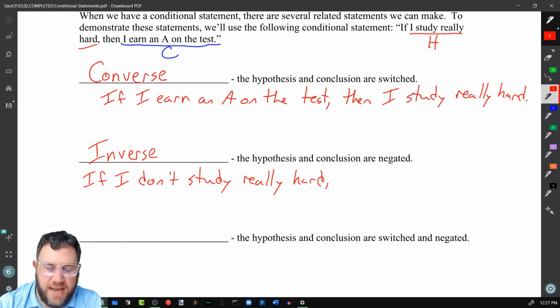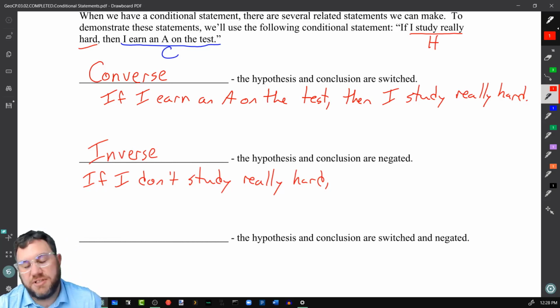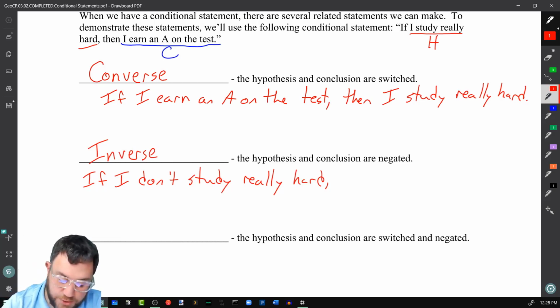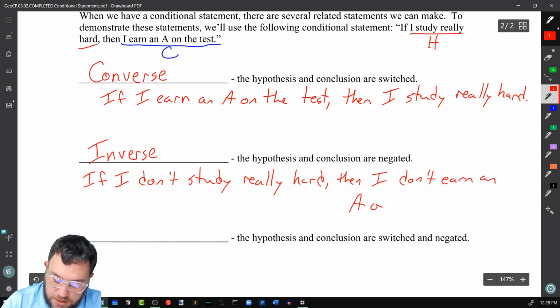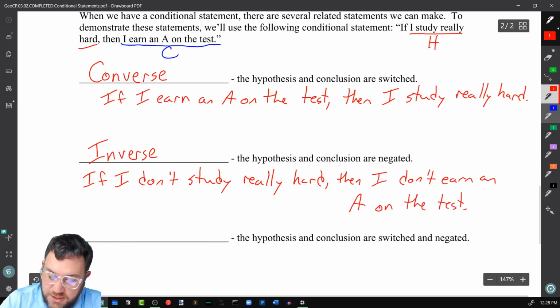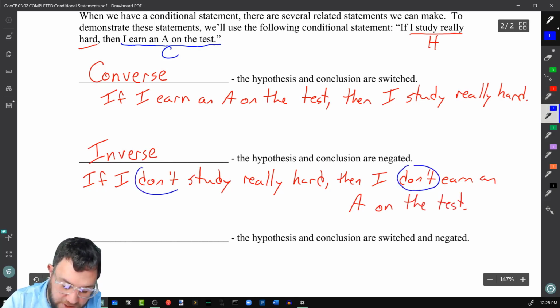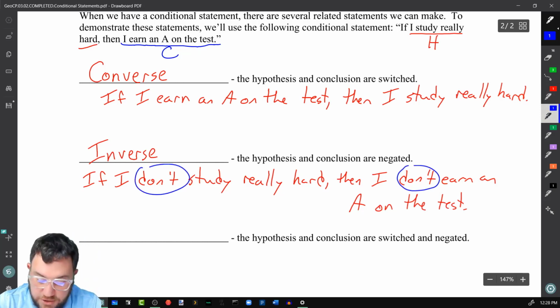We can't just add the word not. So we need to say do not, and we just usually write that as don't. So if I don't study really hard, then I don't earn an A on the test. So we just negated both of these by throwing the word don't in there.